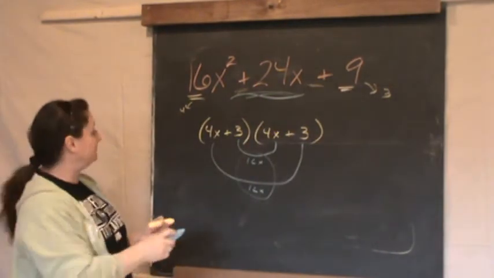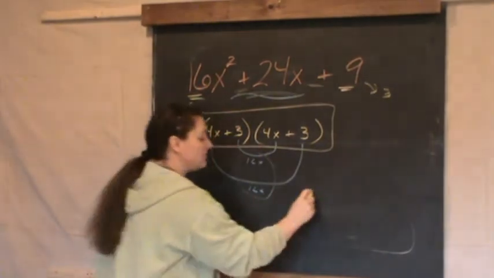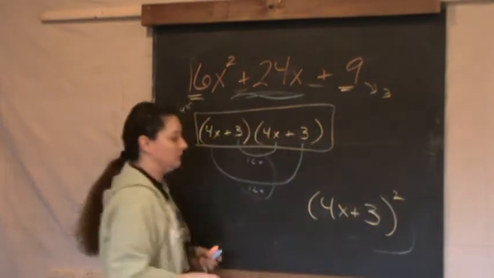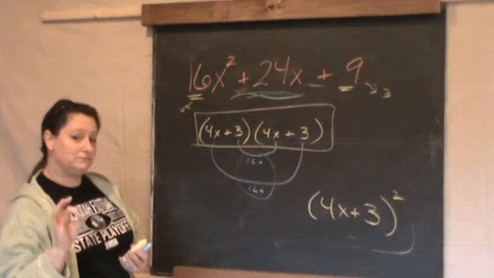That's what we needed in the middle. So you can either leave your answer like this, or you could have done that. All right? One more, and we're going to call it a day.